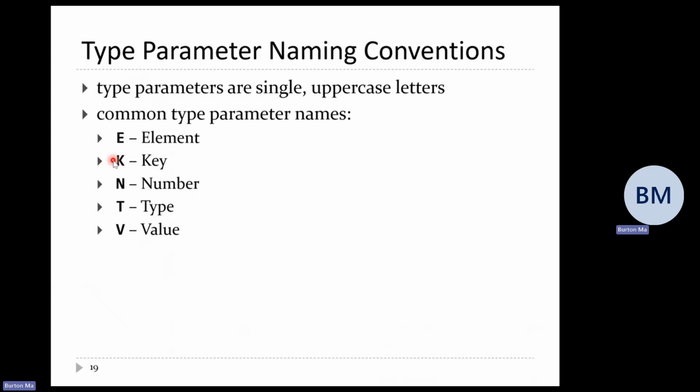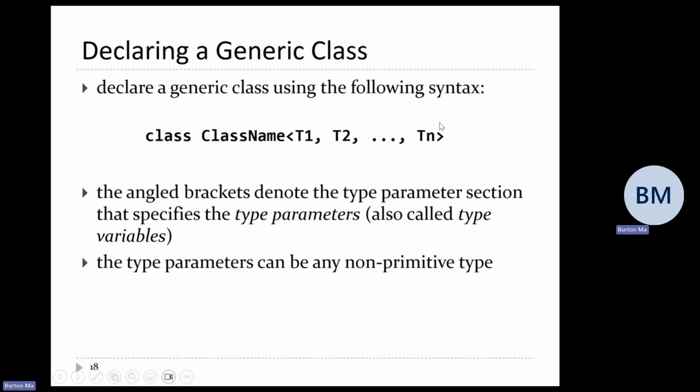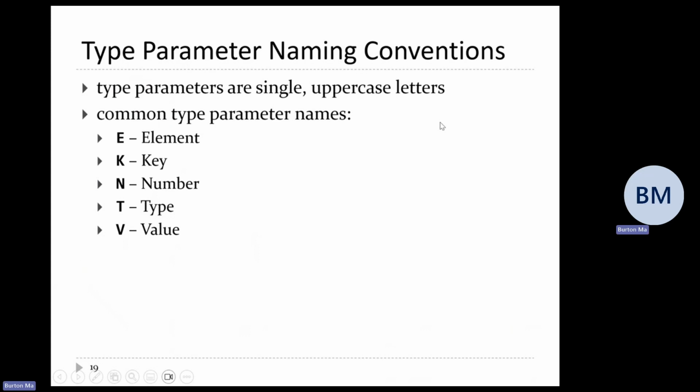If you're making a map, you would use K and V, for key and value. If your class deals strictly with numeric types, you might use big N for number. And in general, if you don't have any particular reason to favor one of the other ones, you just use big T for type, or T1, T2, Tn, or S, T, U, V or something like that.